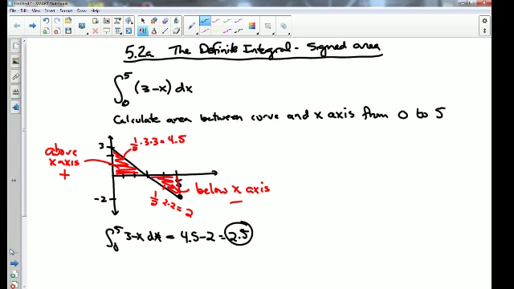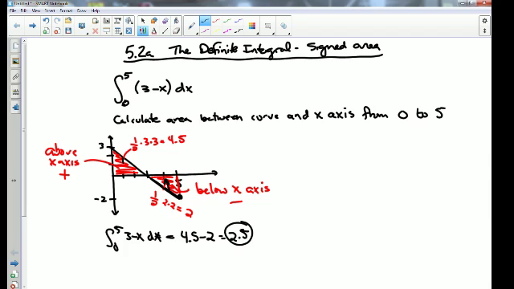Why would you calculate the area of that triangle instead of calculating the area of that trapezoid? What trapezoid? If you draw the line from -2 across at 5. This is the line, 3 minus x. It is completely between that line and the x-axis.